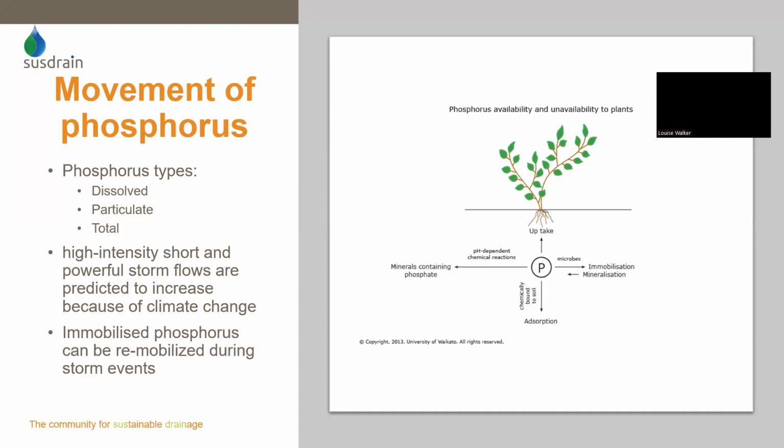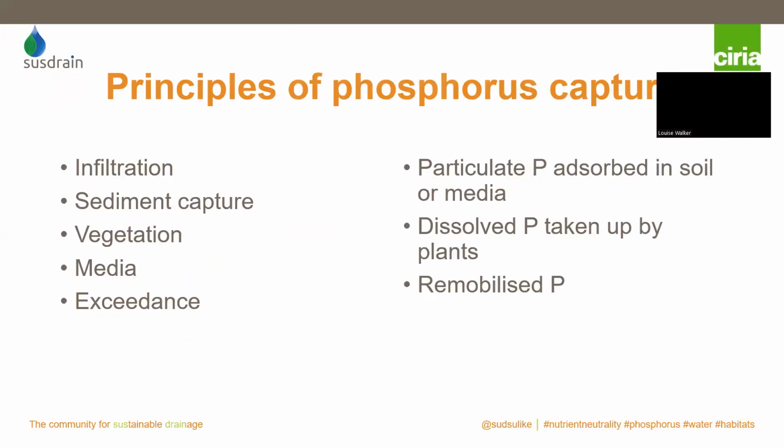So the way that we design SuDS, particularly for this element, we need to take this into account. We need to design in exceedance flows so that any phosphorus captured within the sediment, within SuDS devices, is not remobilized during heavy rainfall. So this is a particular factor to consider when managing SuDS for phosphorus removal.